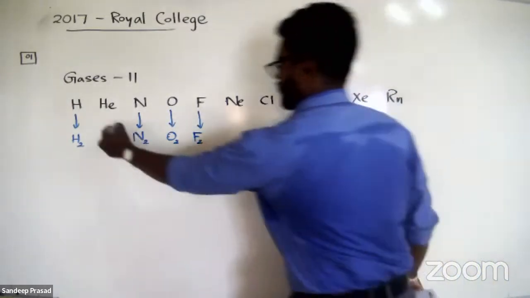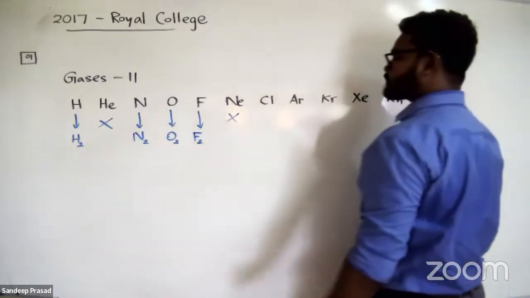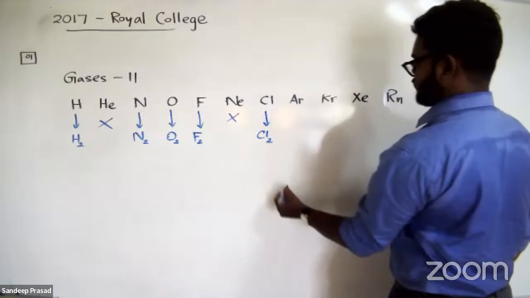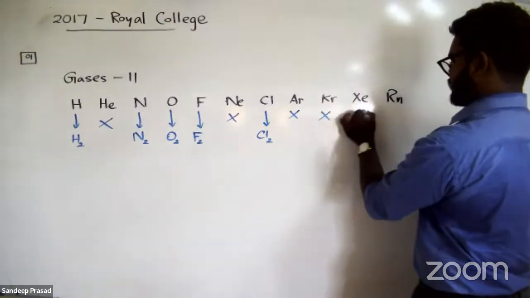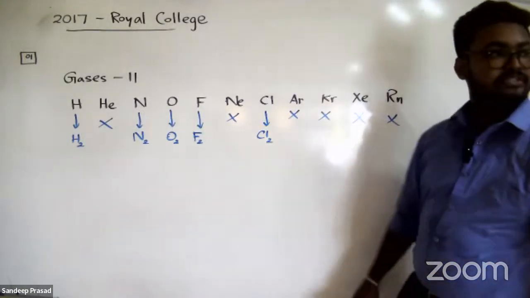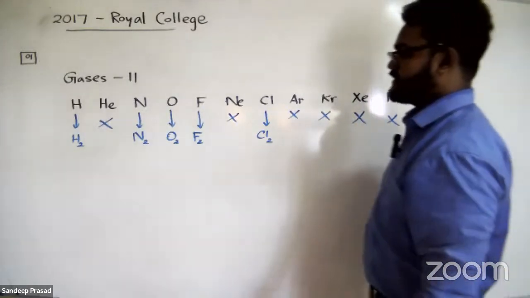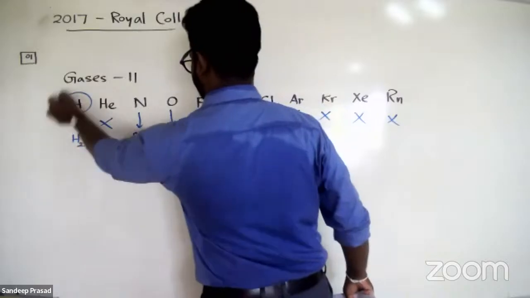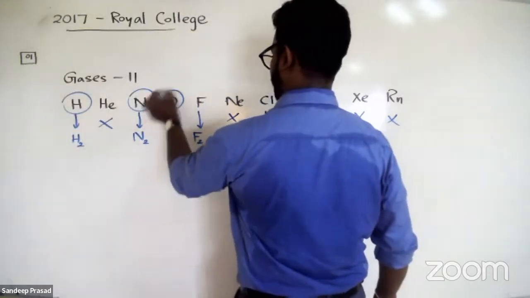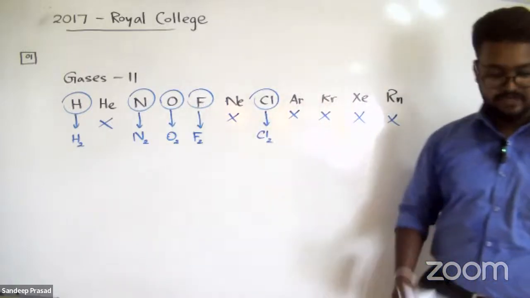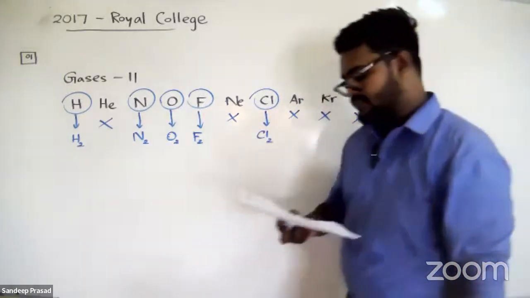What about neon? No, neon is not possible. Chlorine, yes, chlorine exists as a diatomic molecule. Argon is not, krypton is not, xenon, radon, they are not diatomic molecules. So the diatomic molecule gases that we can see in the periodic table are hydrogen, nitrogen, oxygen, fluorine, and chlorine. So there are 5 elements, right? So question number 1, the answer is the third one.